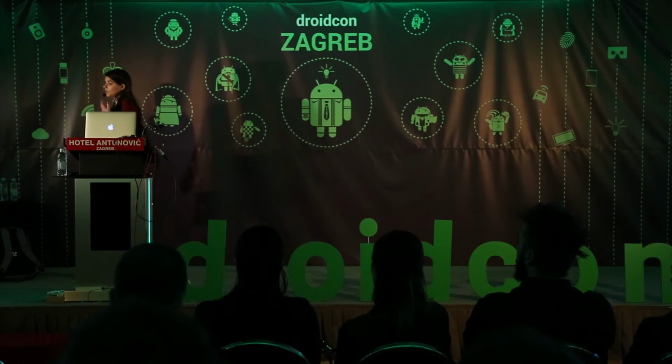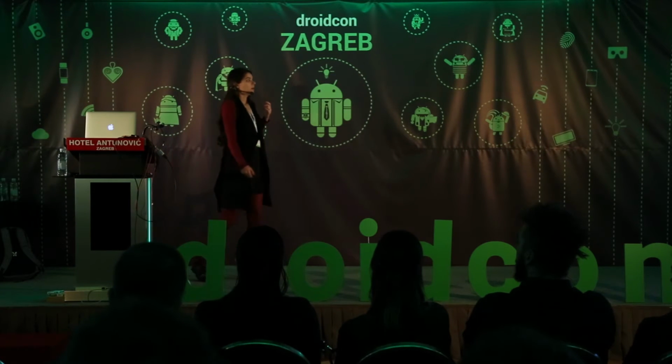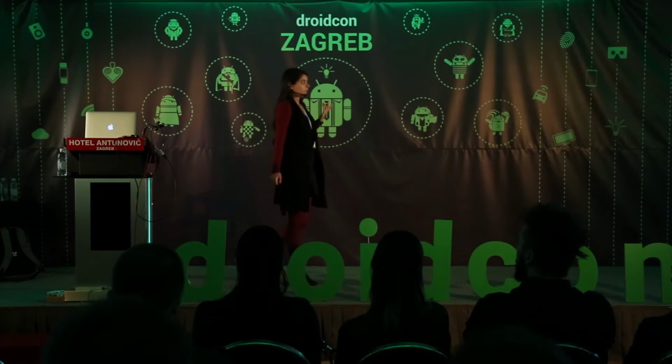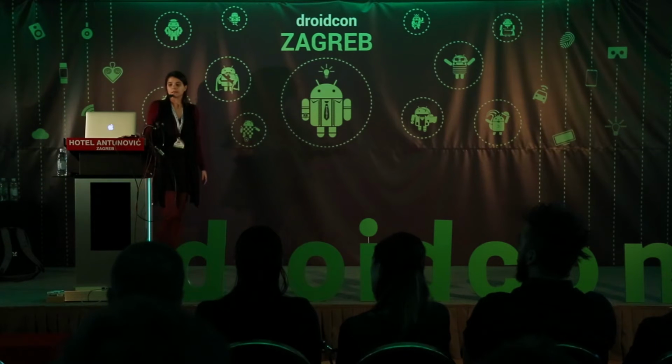I'll talk about that a little bit later. And the third thing to note here is that you cannot put any listeners on this dialog. The result is delivered through an existing mechanism. I will show the callback. But actually, under the hood, it uses the onActivityResult mechanism.